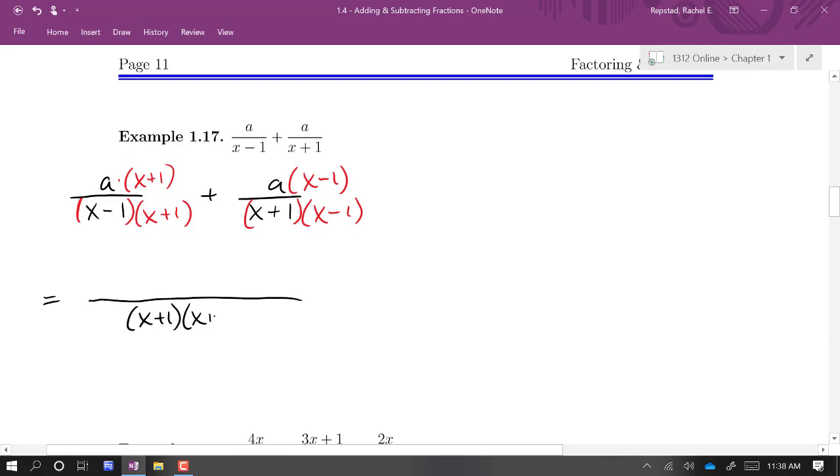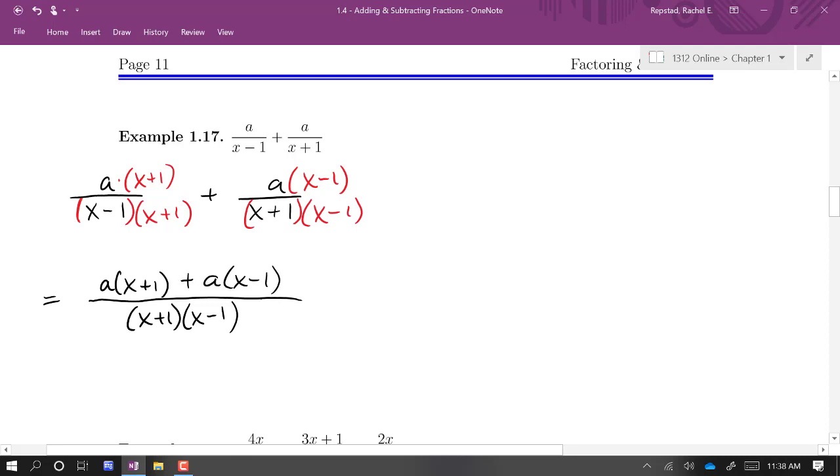Now, I always leave the denominator factored. You may choose to multiply it out, but it doesn't get us anything, and in fact can sometimes make our lives harder. So I urge you to leave the denominator factored. Up top, what we have to start out with is a times x plus 1 plus a times x minus 1.